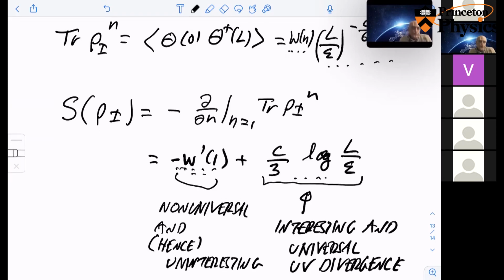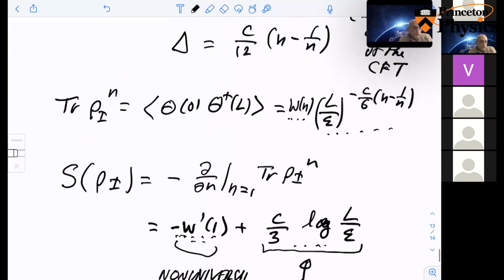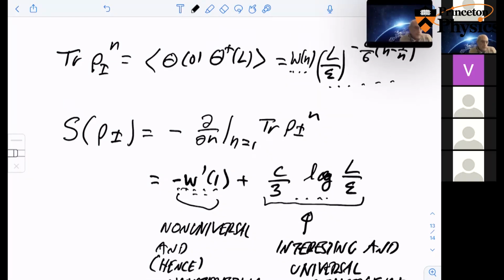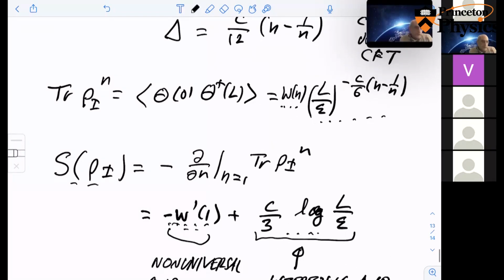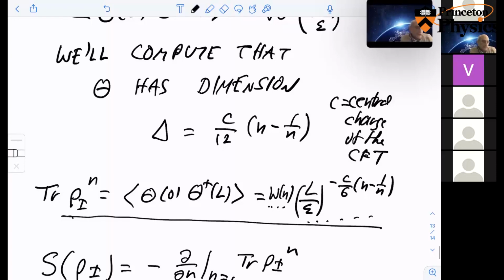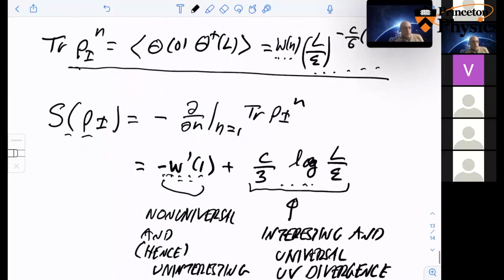So the really interesting part is the dependence on L. Then for dimensional reasons, it's L over epsilon plus a constant. But the constant depends on exactly how you defined epsilon. So to get this formula is a straightforward matter of differentiating this expression once we know that theta has this dimension. So that's the next thing I'll explain, but I want to stop here again for questions.